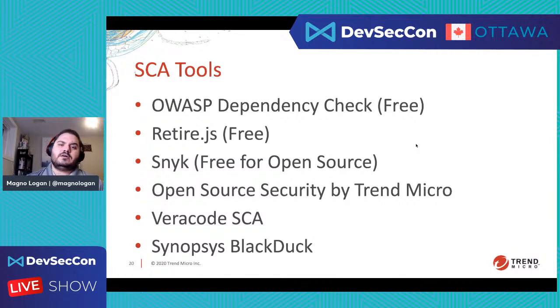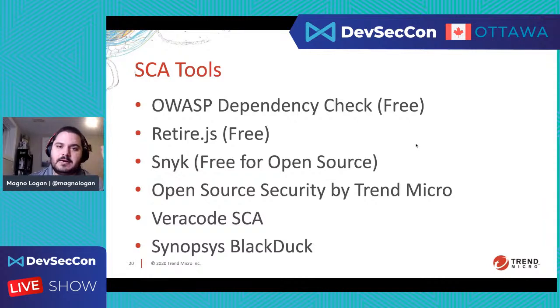Another solution that's out there, and I think Dependency Check also leverages it, is Retire.js, which is basically a script or a tool to check for outdated JavaScript libraries. So let's say you're using an old version of jQuery or something like that, it's going to let you know about that. So you can check your JavaScript libraries, your front-end libraries as well.